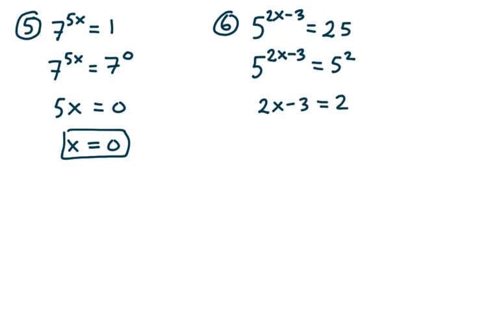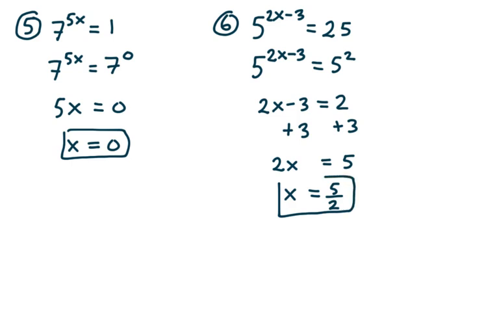It has no choice. So if I add 3 to both sides, right, I get 2x equals 5. Solving for x, I get x equals 5/2. So your goal the entire time is to rewrite both sides so that they share the same base.